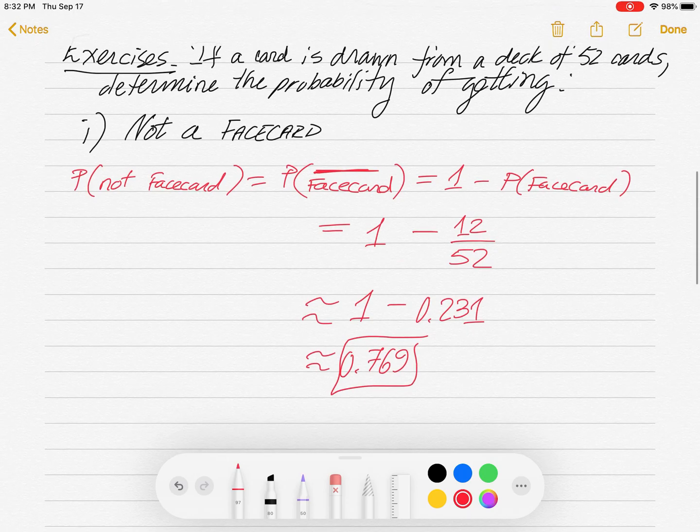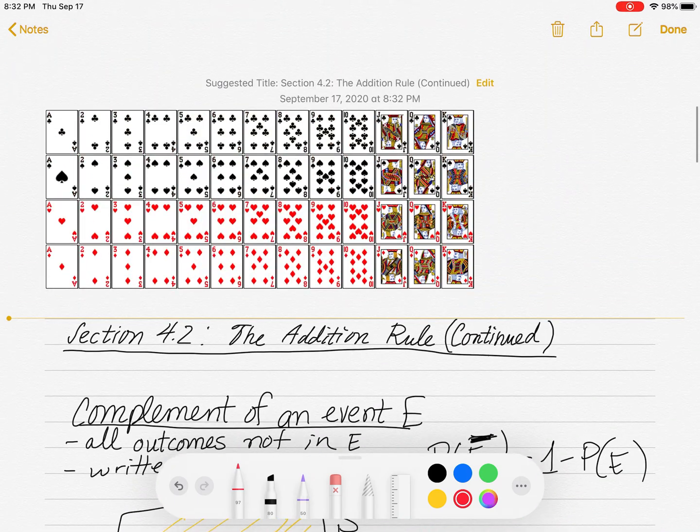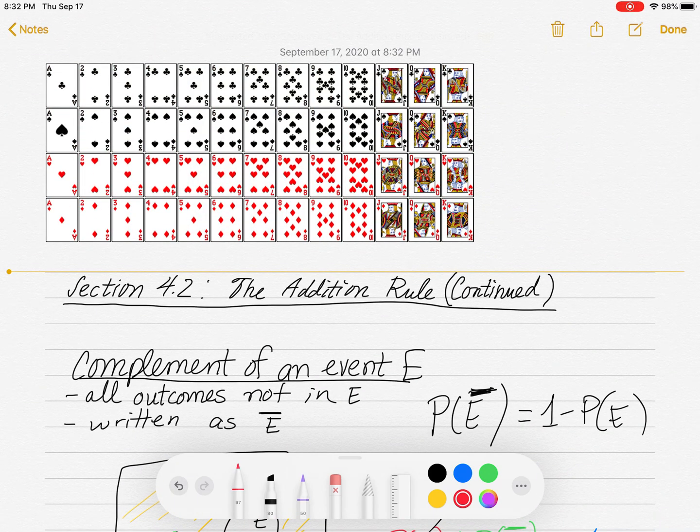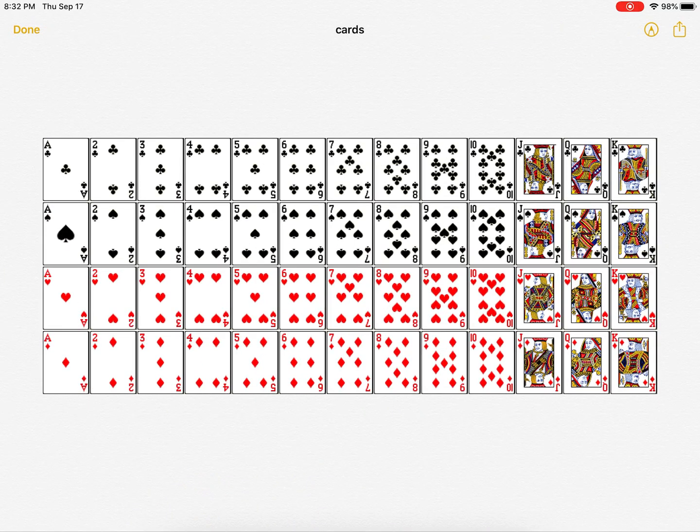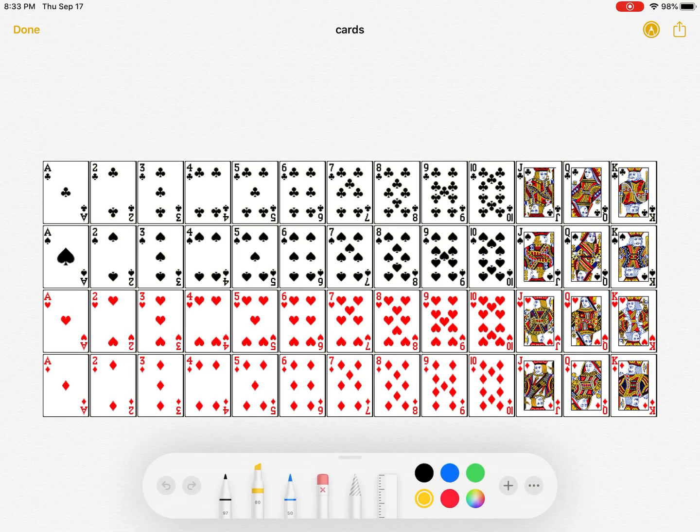Now, another way to have done this is basically just look at all those cards that aren't face cards, right? If I zoom in here, I could count up all those cards that are not face cards. So all these cards here, right? How many cards? 40, right? 40 cards if you count those up. Total of 40 cards.